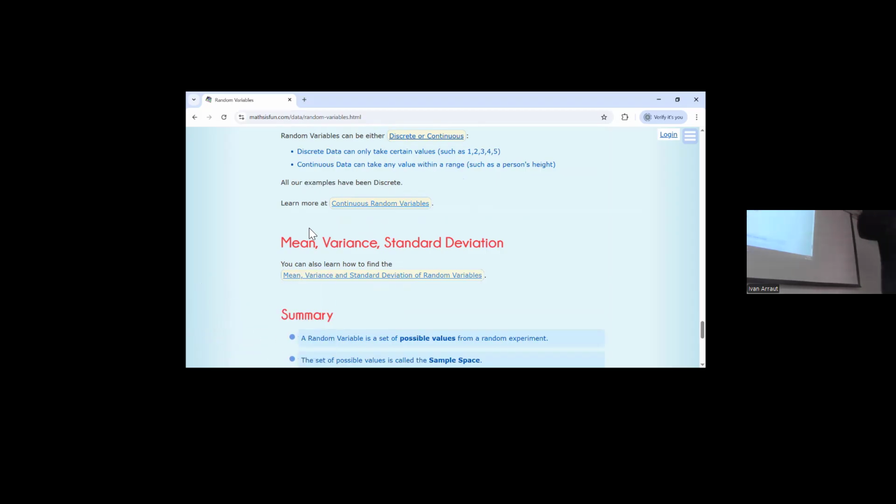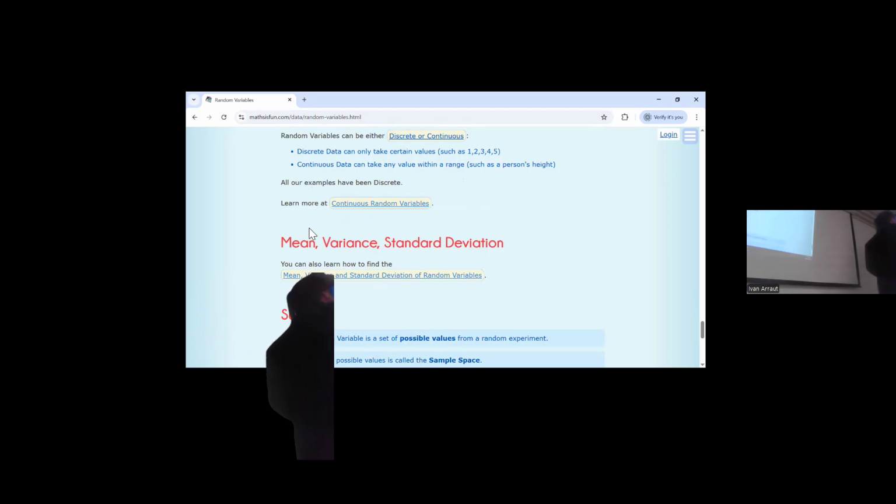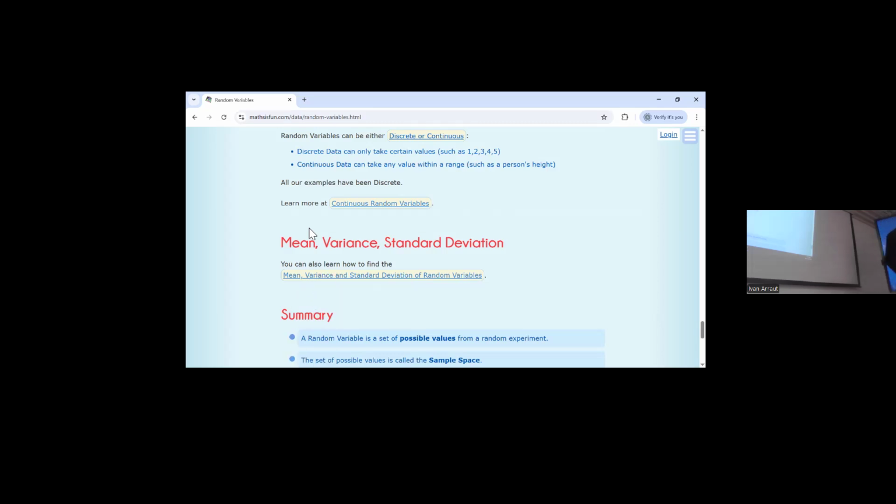So there are some issues. If I have a continuous random variable, I have a probability distribution here. I will call it rho. Let's assume it's something like this.